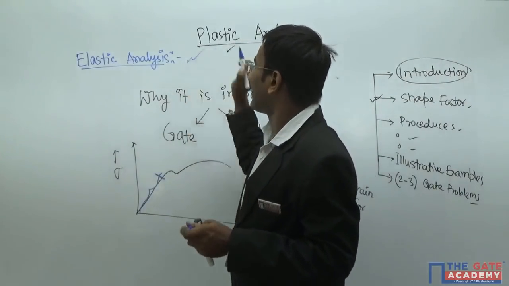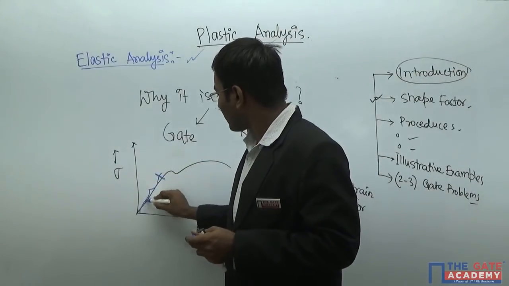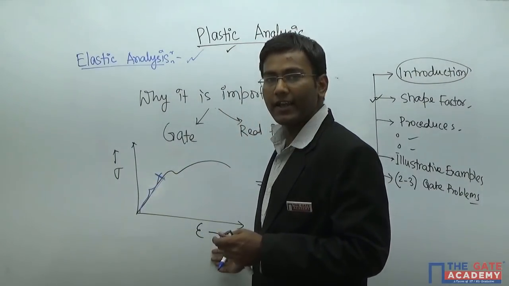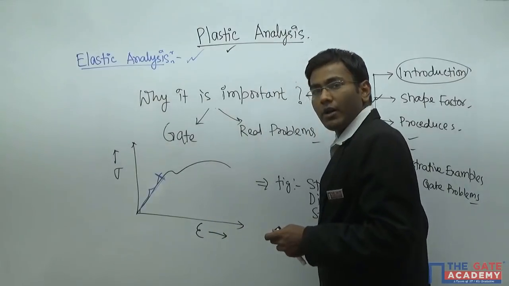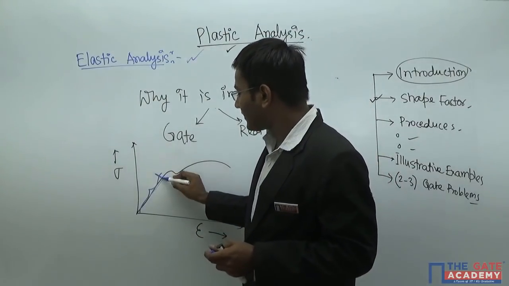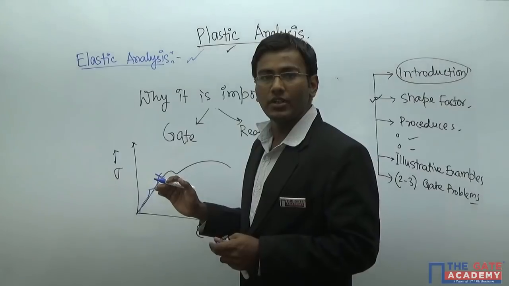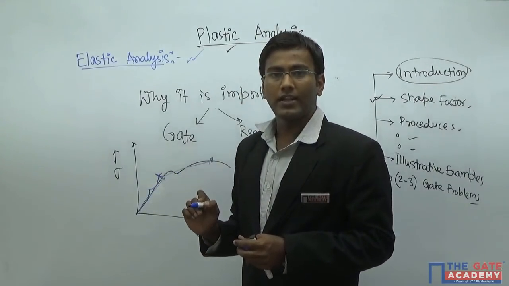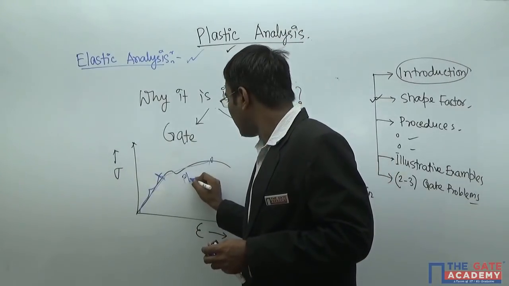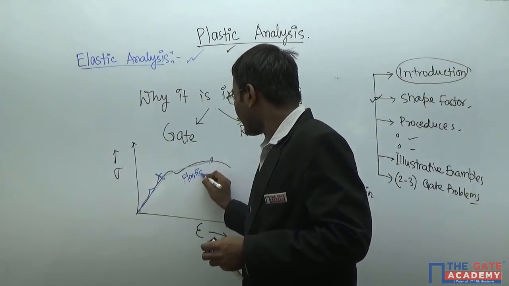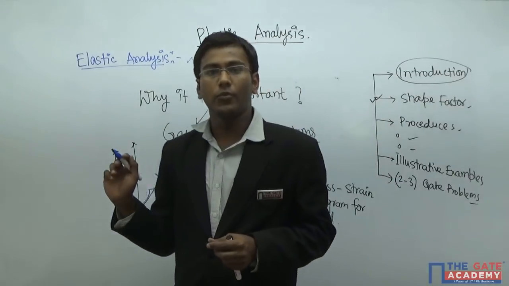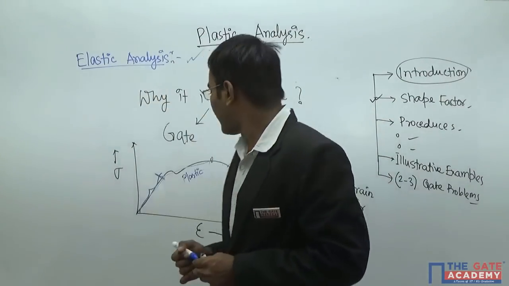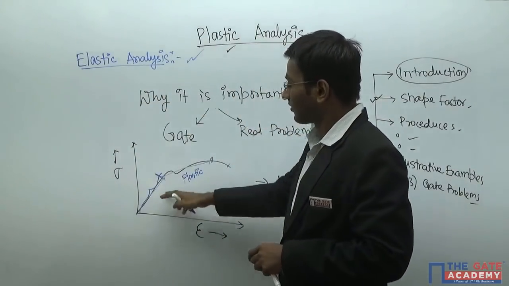That is elastic analysis. Like suppose if we take a simple stress strain diagram of a steel member, then we can see that up to this is the elastic limit, but after that portion, that is the plastic limit. You know this plastic limit, then a breaking point will come. So this is the basic thing of plastic analysis.